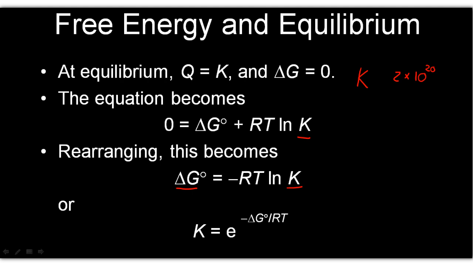So I would expect this value for delta G to be very negative, to be very spontaneous, to go in that forward direction, to give me this 2 times 10 to the 20. And then just the opposite. If I was looking at equilibrium and my value ended up being 2 times 10 to the negative 20, then I would expect that I'm mostly favoring my reactants, and it's not favorable at all to go in the forward direction. Therefore, my delta G should be positive.